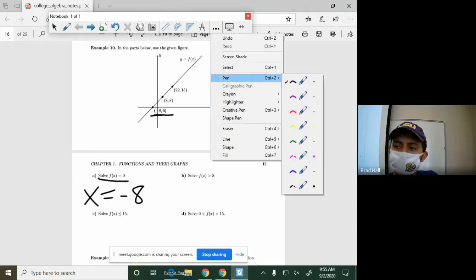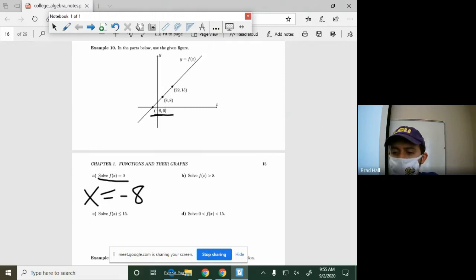Part B may be a little bit more engaged. Part B wants us to determine when the function is greater than 8. Okay, that's an interesting way of asking us that. So a good starting point is, where is the function equal to 8? Just like we did for the equal to 0 part. Seems like it's equal to 8 right there. So that gives us a starting point. I suppose I should put an open circle there.